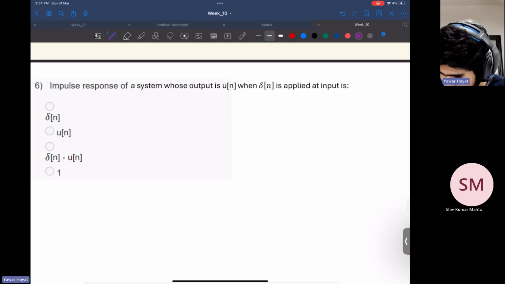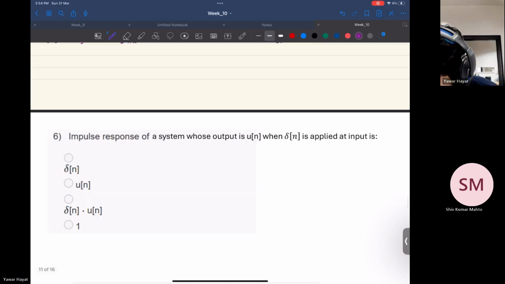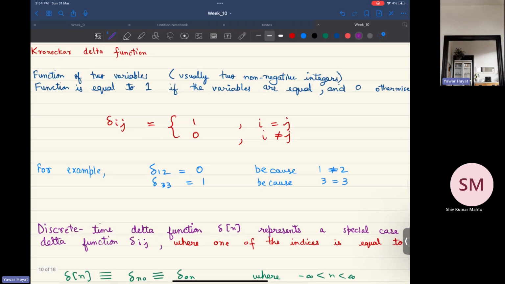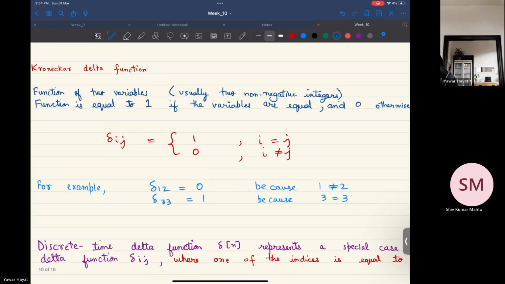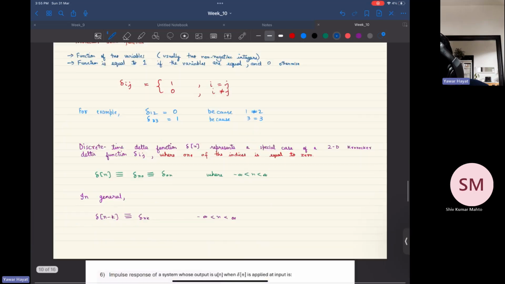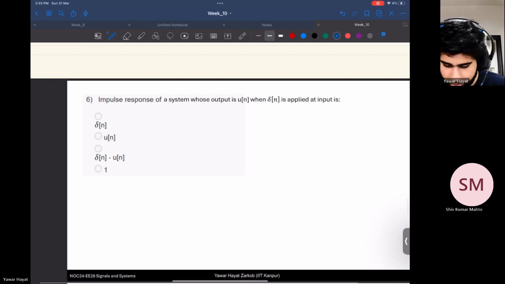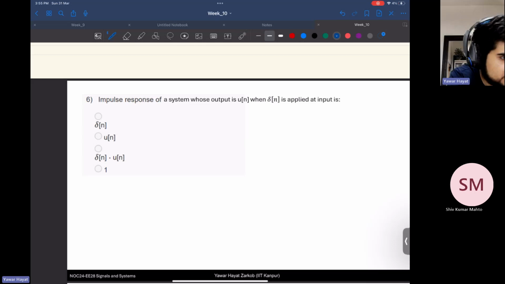What about the next question? Question number 6. We did this in the previous question. The answer was covered under question 2 and discussed in detail.